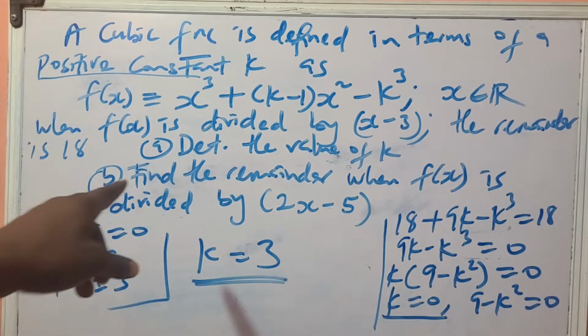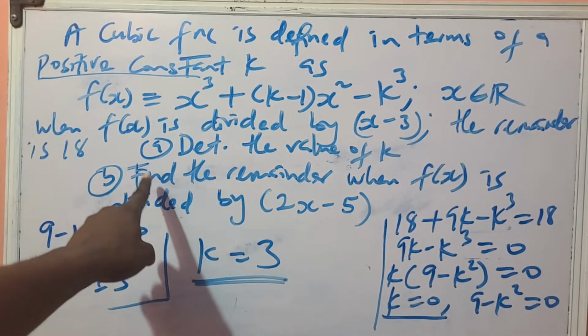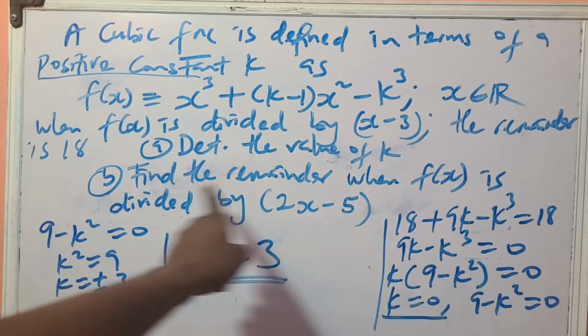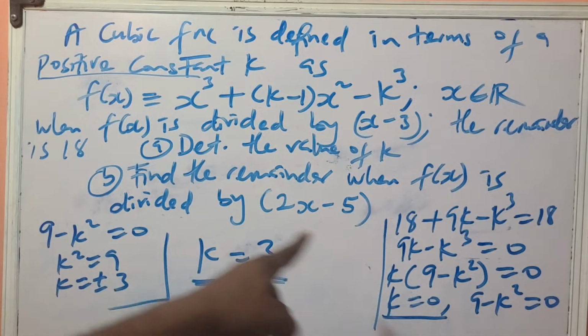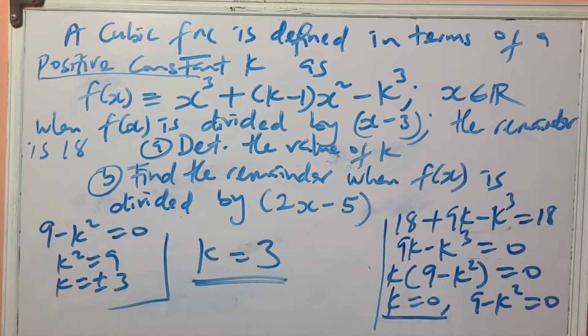So let's go on and make an attempt for question number B. Find the remainder when f(x) is divided by 2x minus 5. What's going to be the remainder when f(x), your polynomial function now, is divided by 2x minus 5?